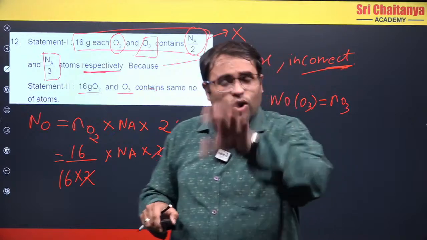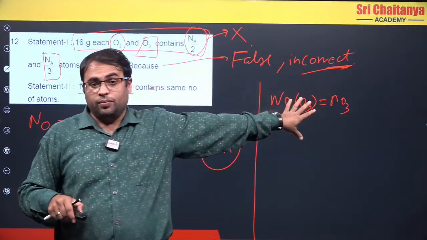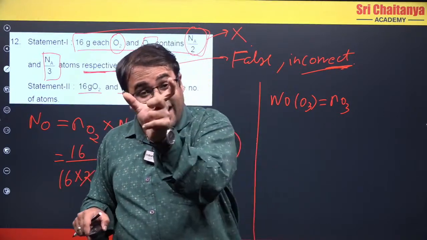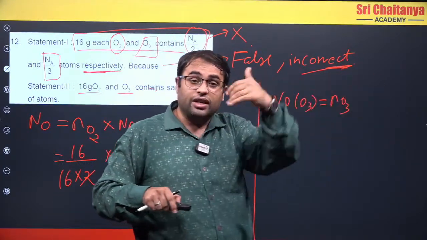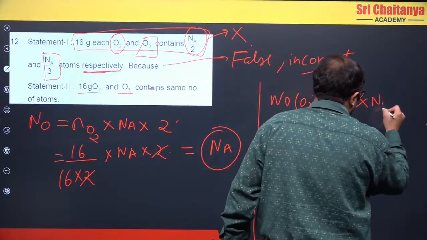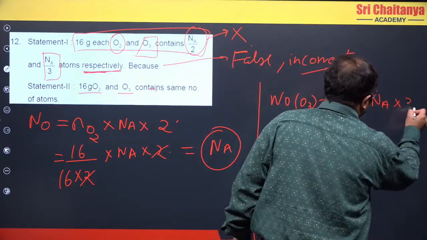First, see, when you have to calculate the atoms, just calculate first the molecules and then check in one molecule how many atoms are there. That number you multiply with this, you will get the number of atoms, right? So this is the number of molecules of O3. You can see 3 here, so multiply it by 3.